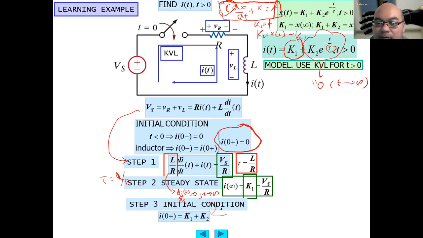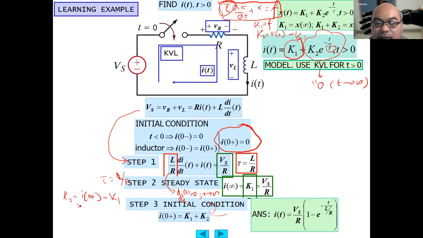So K2 equals 0 minus K1. K1 is Vs over R, so K2 equals minus Vs over R.